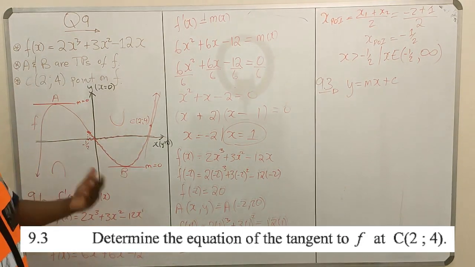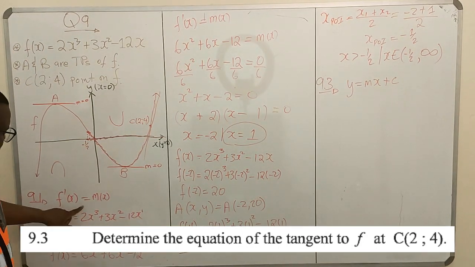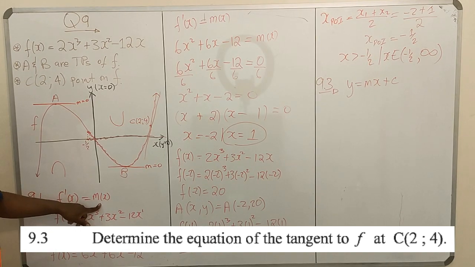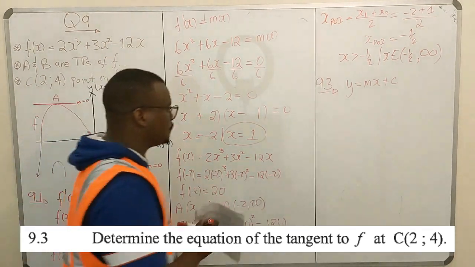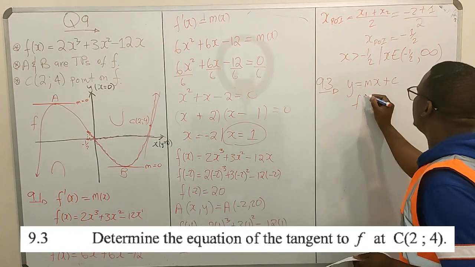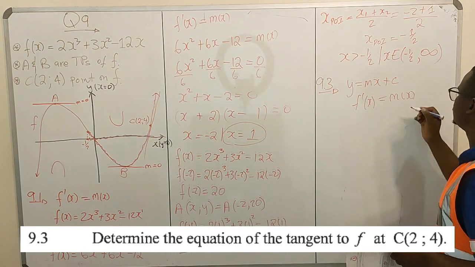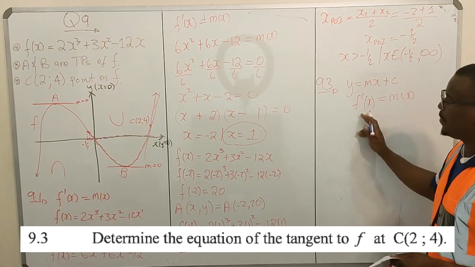I said when I was doing 9.1 that the derivative gives us the gradient at a point, which means the derivative f prime at x gives us the gradient at a point, right? What was f prime at x?